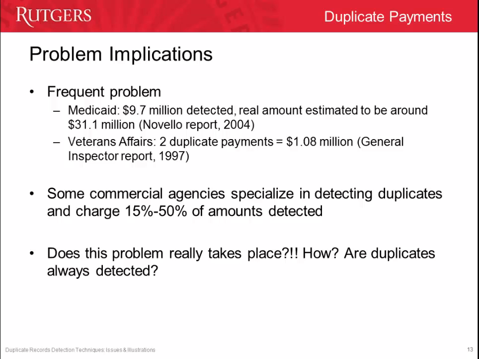Now, the problem of duplicate payments is that it causes immediate financial losses. And duplicate payments are not a rare event. Actually, it happens more often than you would think. People think that because they have ERP systems, the system or the internal controls would automatically prevent such an event from happening.